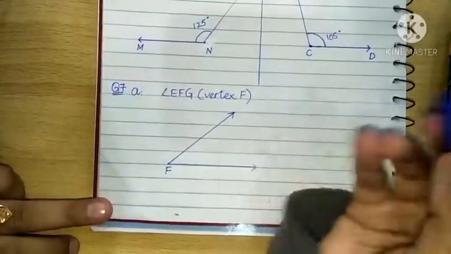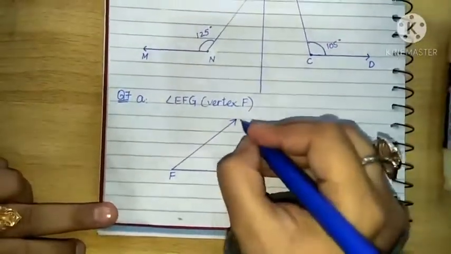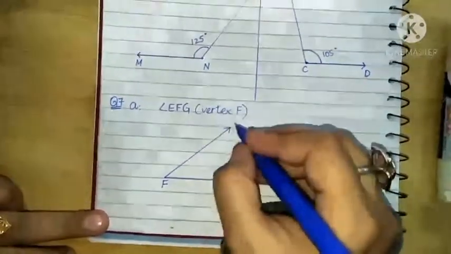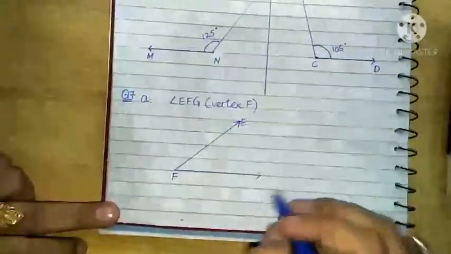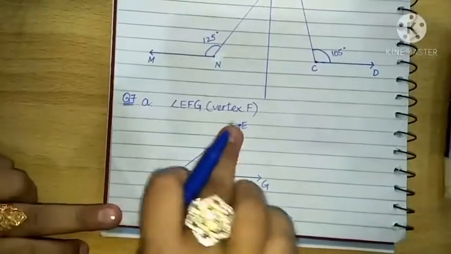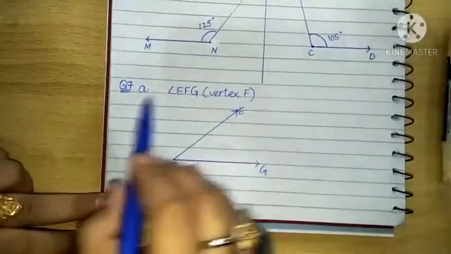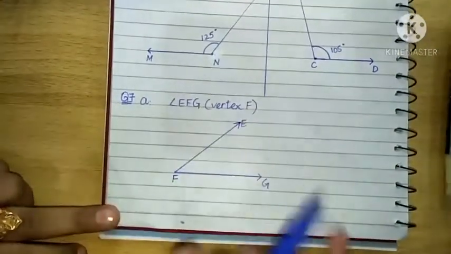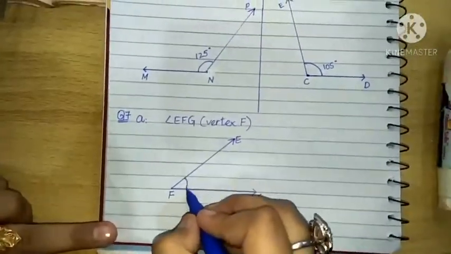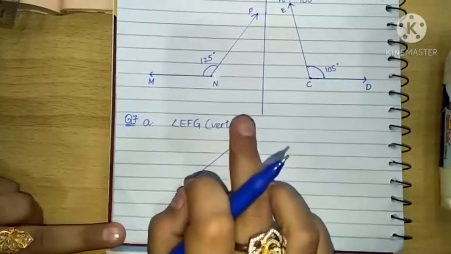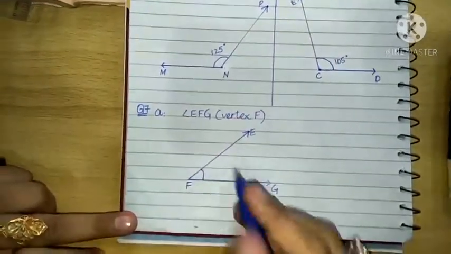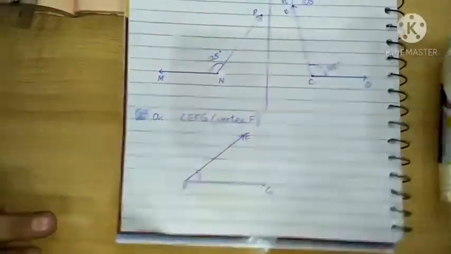It's up to you, and you can choose any place to mark E or G. So I'm going to name this point as E and this point as G. So this is what the question requires. We have to label vertex F. So this is the question's solution.